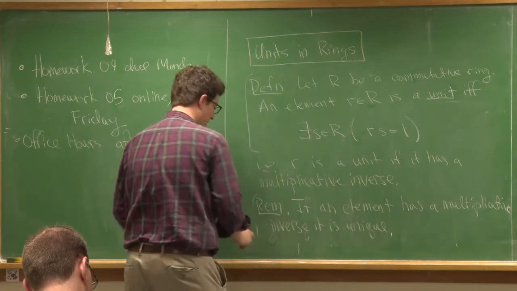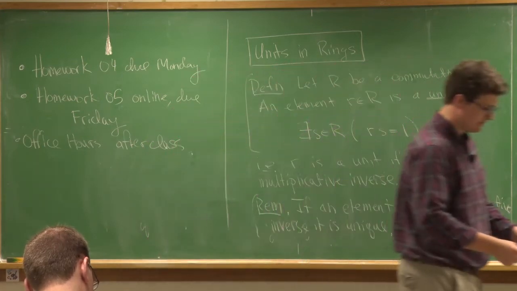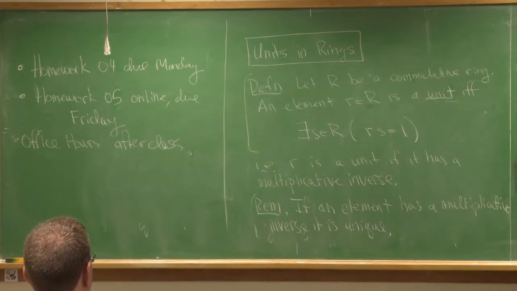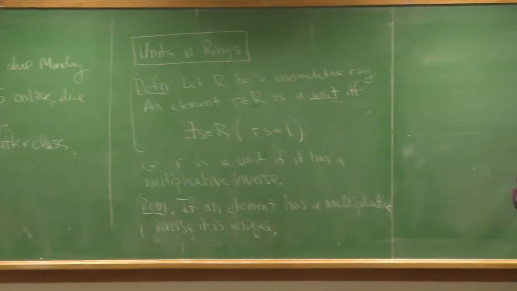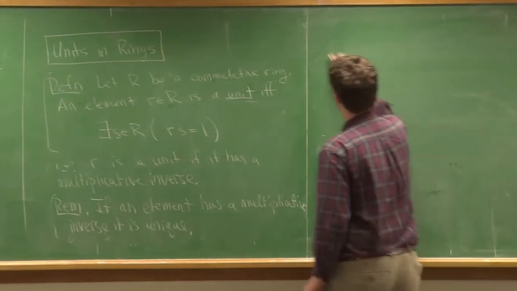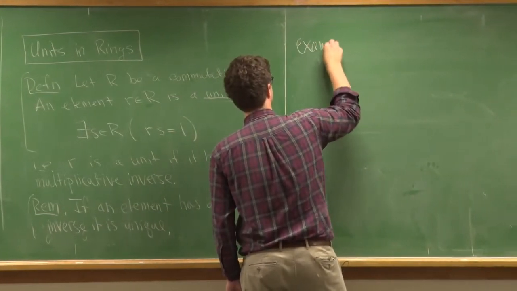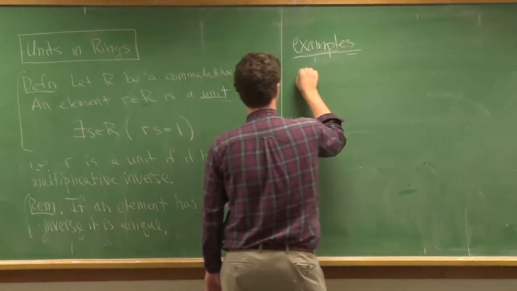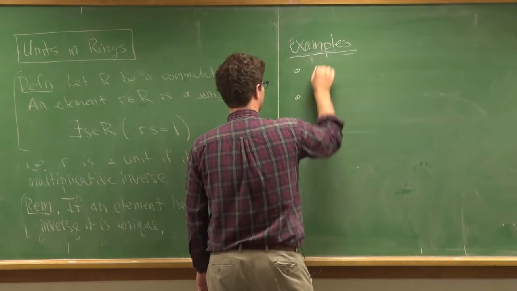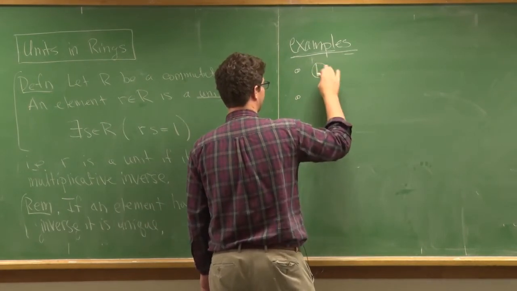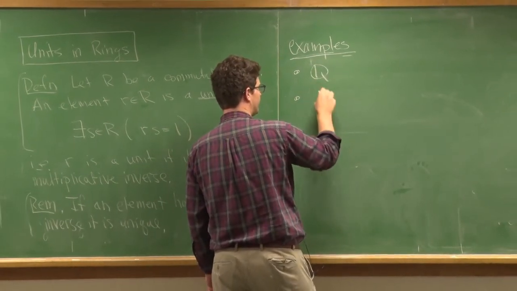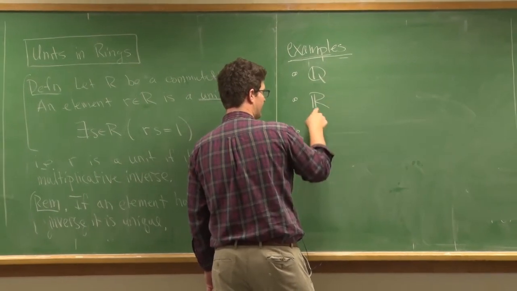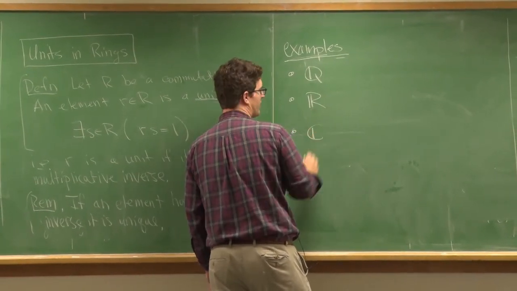Okay, let me give you some examples. There's the ring of rational numbers, the ring of real numbers, and the ring of complex numbers.